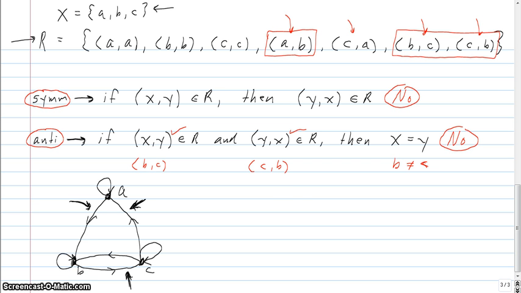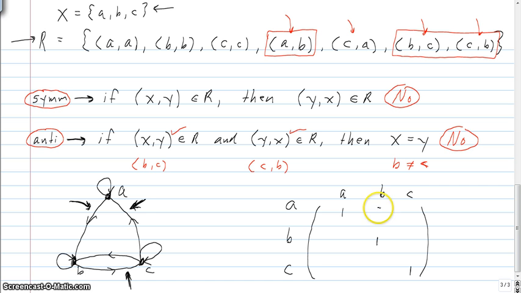Okay, and if we were to write out the matrix, it would look something like this. So let's see, we've got A related to A, B to B, C to C, so the main diagonal is all ones, it's reflexive.